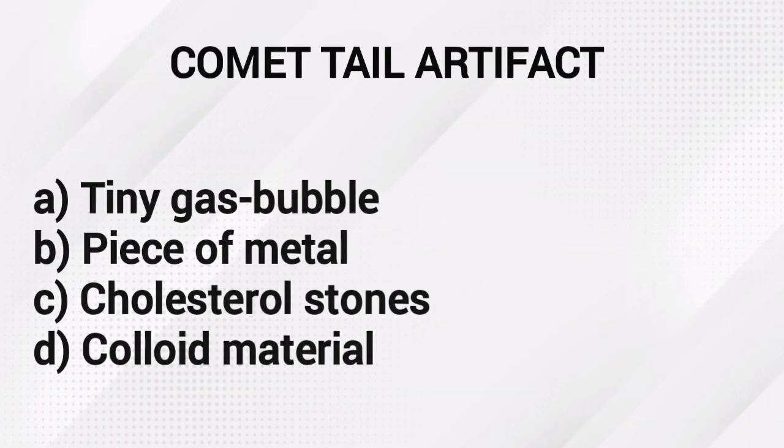The comet tail artifact is a type of short-range reverberation artifact that occurs from closely spaced surfaces of small but strongly reflective objects like a tiny gas bubble, a piece of metal in the body such as surgical clips, IUCD, or lead shots.